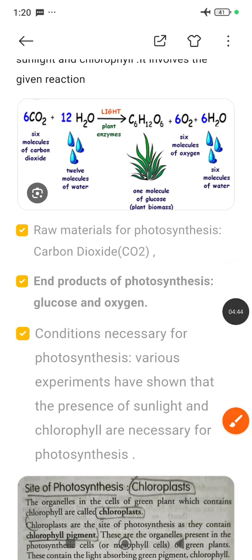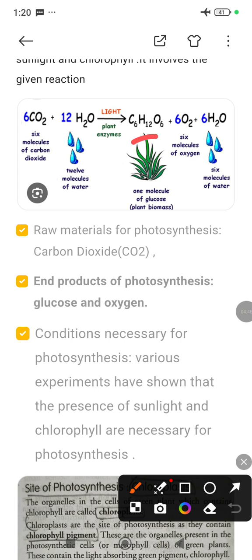They produce 1 molecule of glucose, 6 molecules of oxygen and 6 molecules of water. Clear? So you can notice that the number of carbon dioxide molecules used in the chemical reaction and a similar number of oxygen molecules are released by the chemical reaction of photosynthesis.